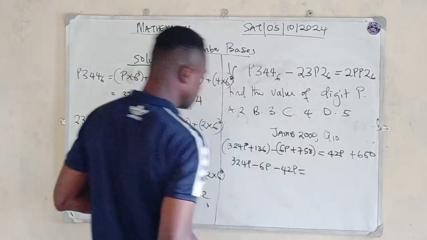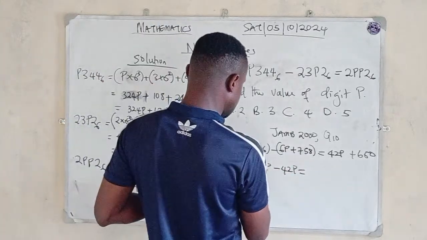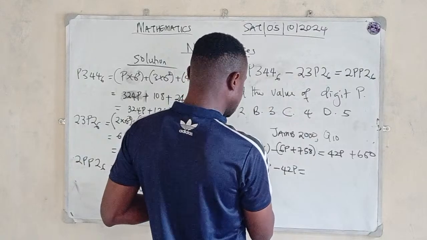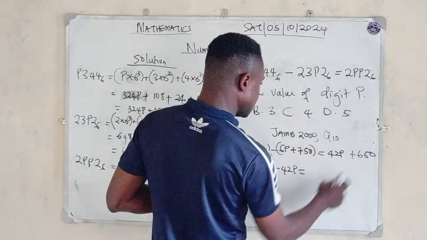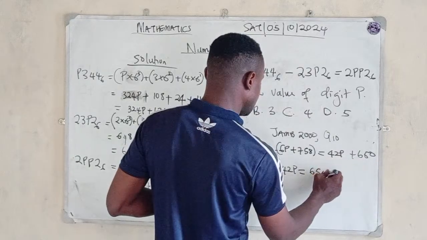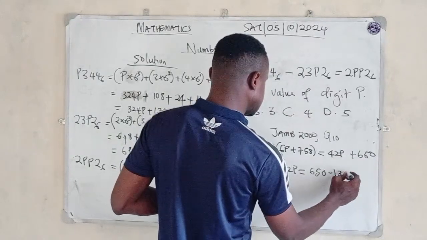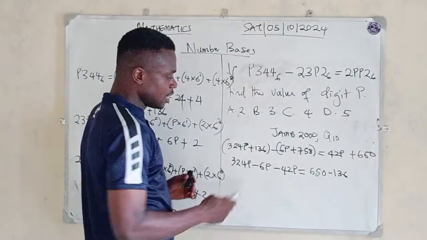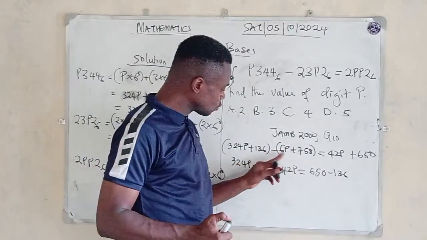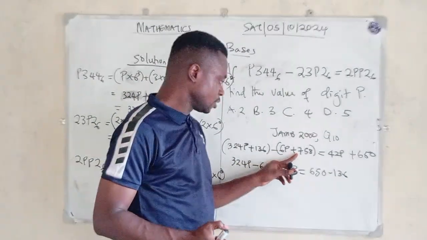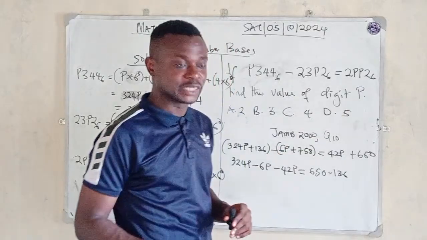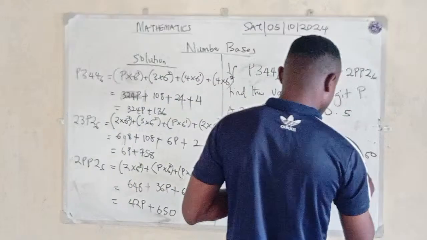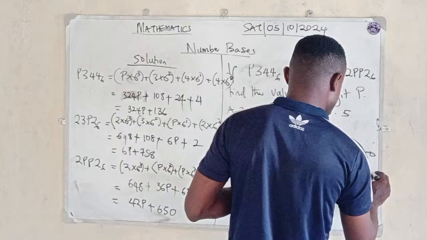It's equal to 650 minus 136, since the sign will change to negative. When you open this bracket, this one turns to negative. So if minus 758 goes to this side, it becomes plus 758.